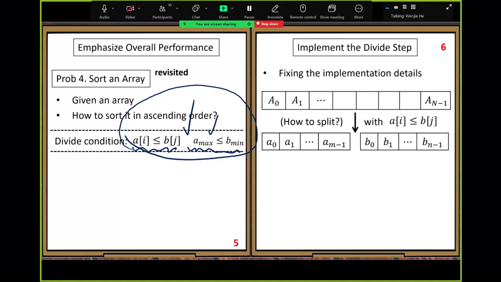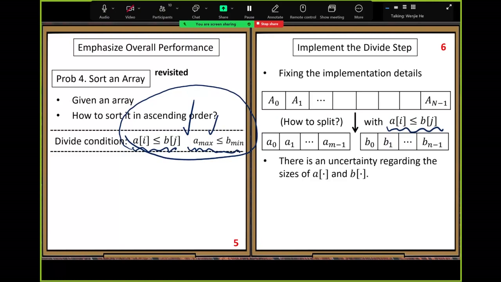All right. So the only property we want after we split is this inequality.